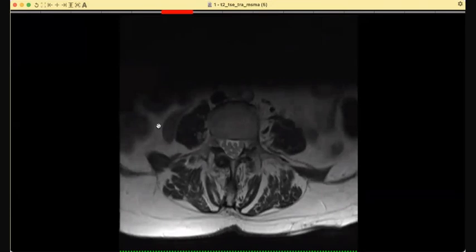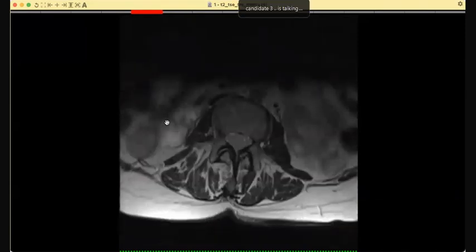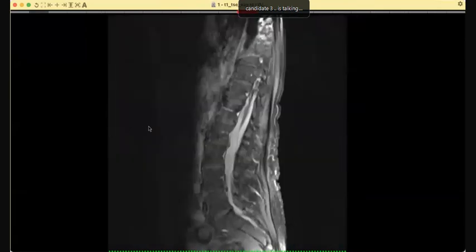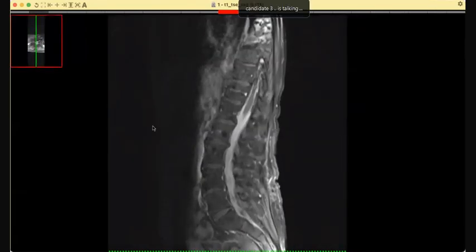What are your findings here? What I see is that the cauda equina nerve roots are diffusely thickened. And I'm suspecting maybe this is an element of arachnoiditis.